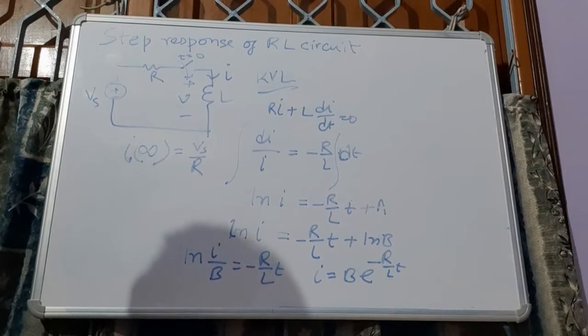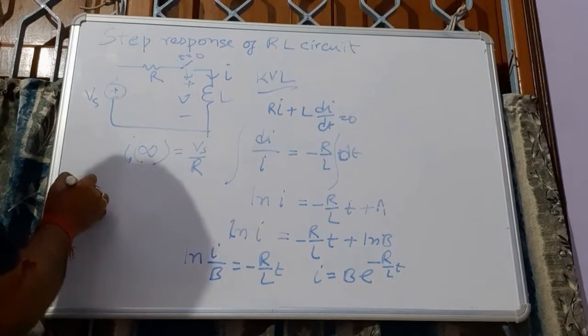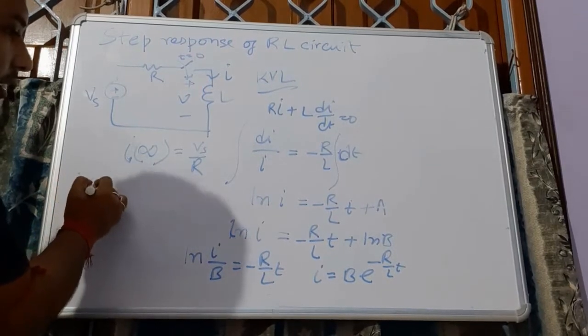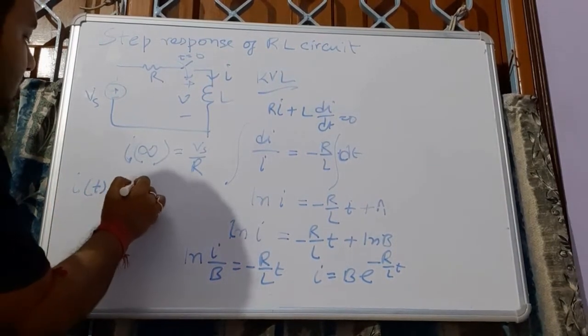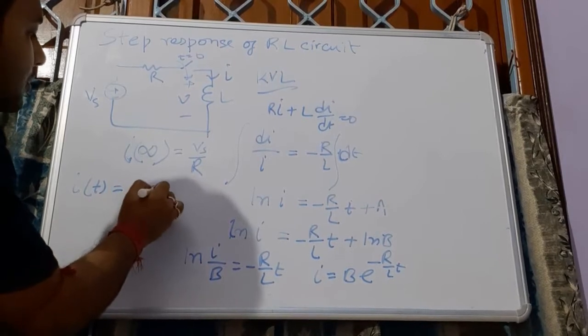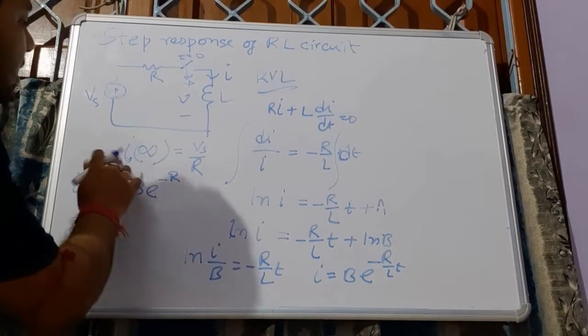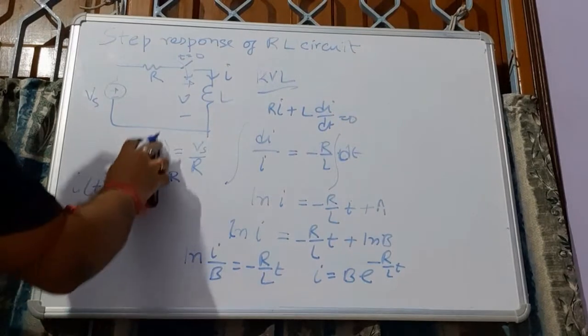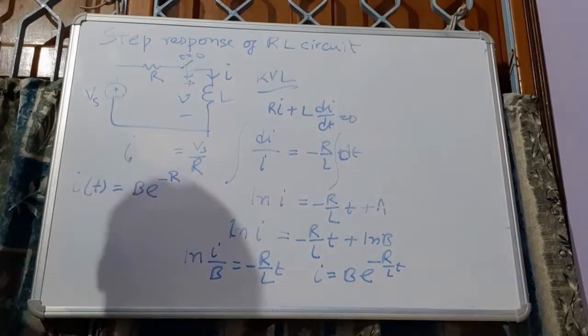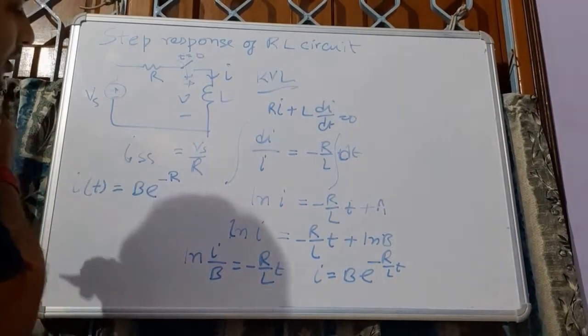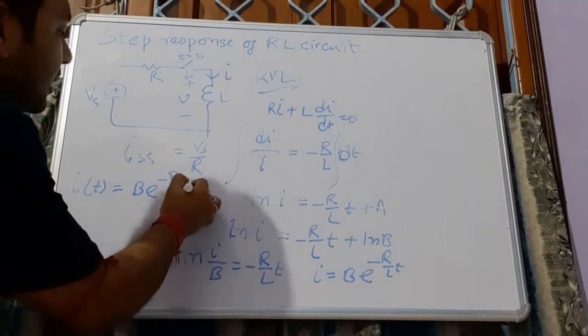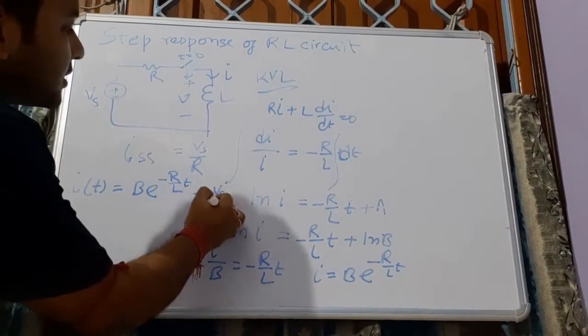So this i(t) equals to B e to the power minus R by L into t plus Vs by R, where we take this as i infinite, the steady state value.